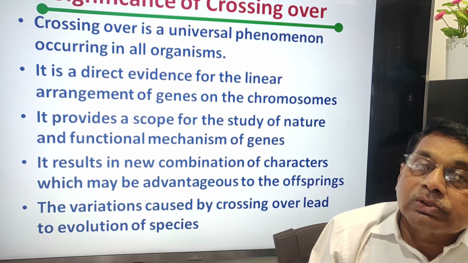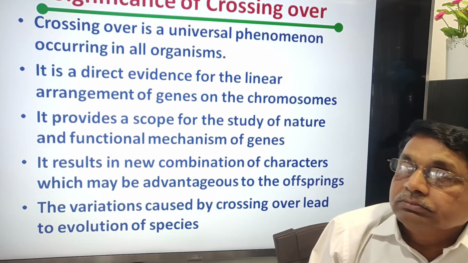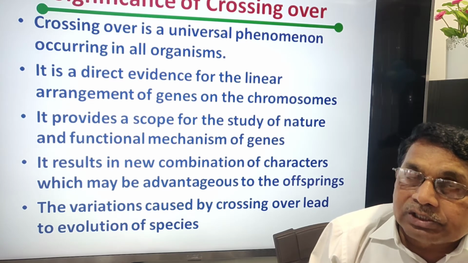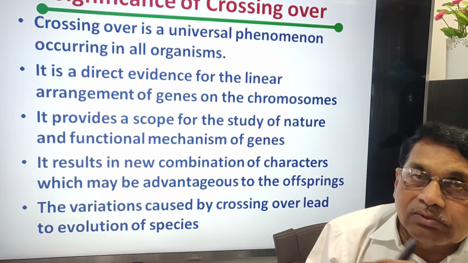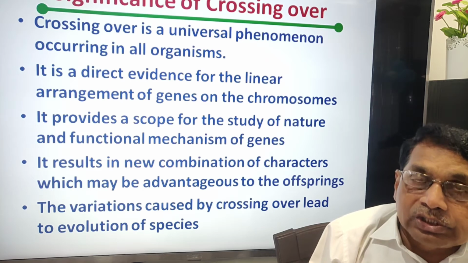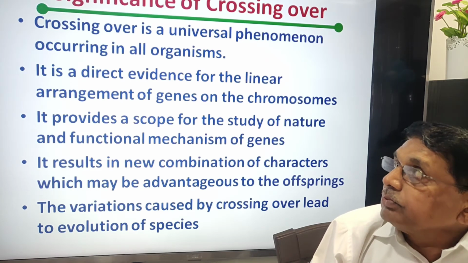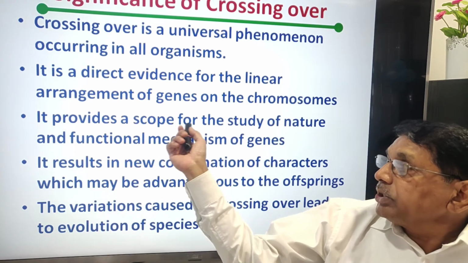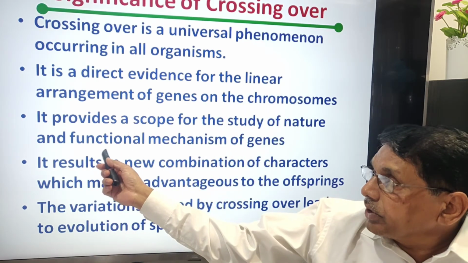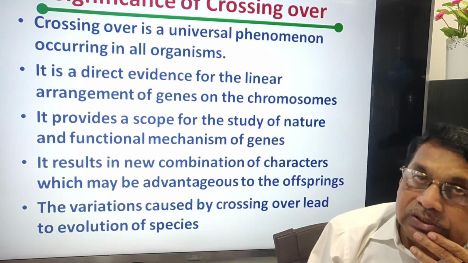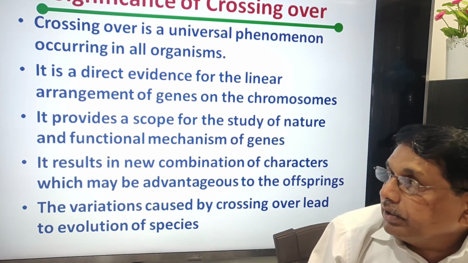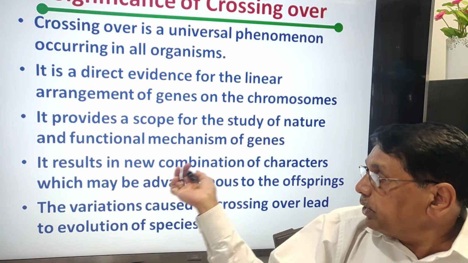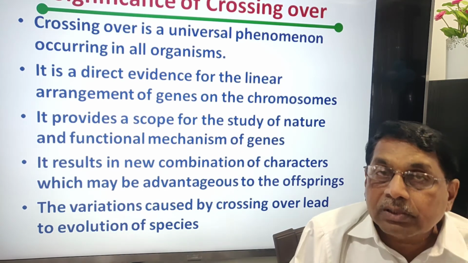Significance of crossing over. Evolution, simply speaking, variation in the progeny, because there will be exchange of genes, exchange of chromosomes. It provides a scope for the study of nature and function of genes, how the genes are inherited. It results in new combinations of characters which may be advantageous to the offspring.